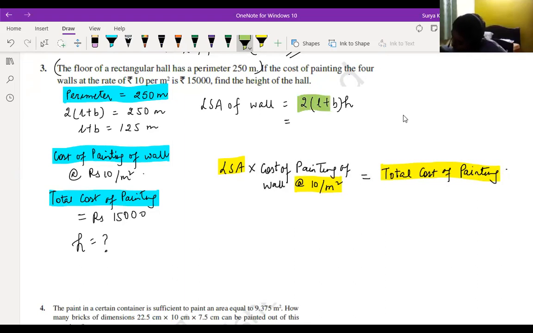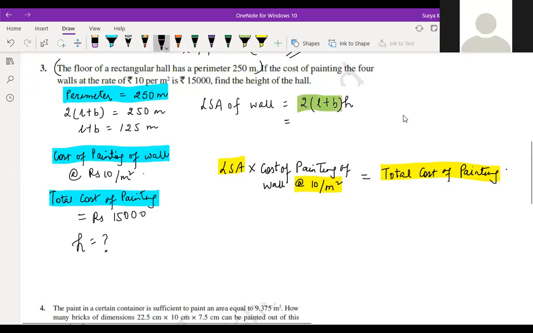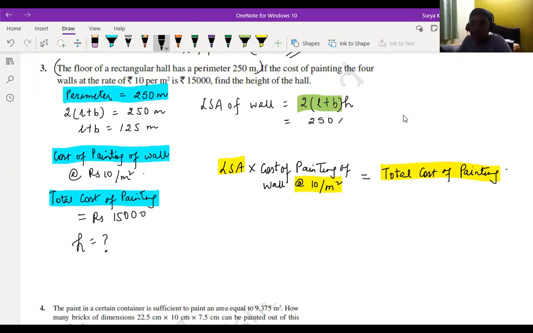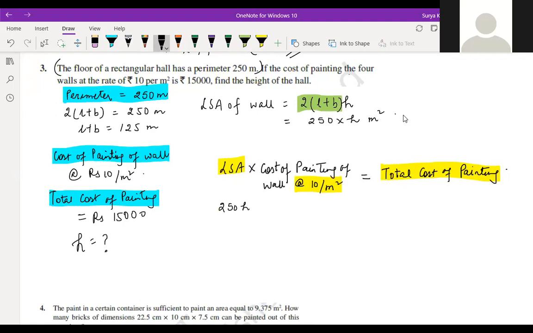See here, 2 into L plus B, total is equal to what is given? 250 is given to us. Yes, sir. Multiply by height, right? That's it. This is in meter square. So instead of LSA, what we can write? 250H multiplied by 10 is equal to 15,000. Correct, children? Yes, sir.